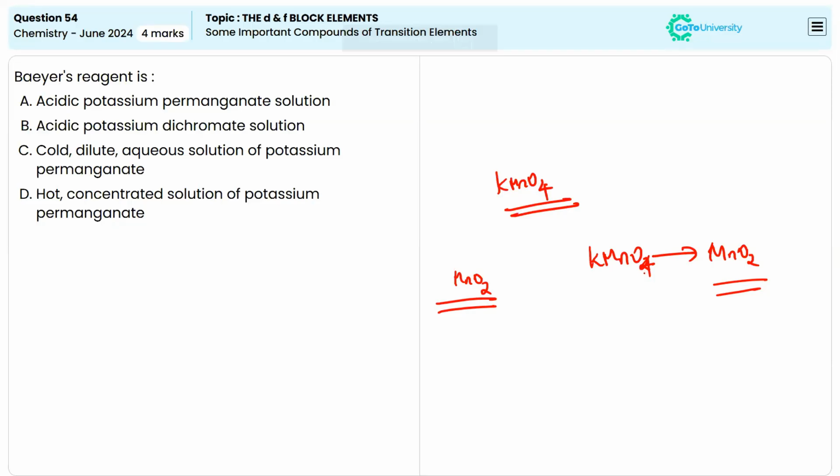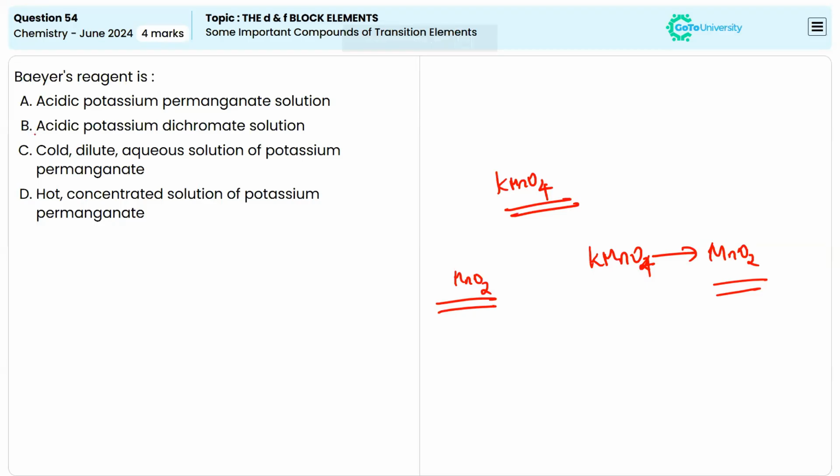If the compound is unsaturated, the purple color will disappear, and the result of the reaction will be a brown precipitate of manganese dioxide. If it is a saturated hydrocarbon, an alkane, the reaction will not take place and potassium permanganate will remain unchanged.